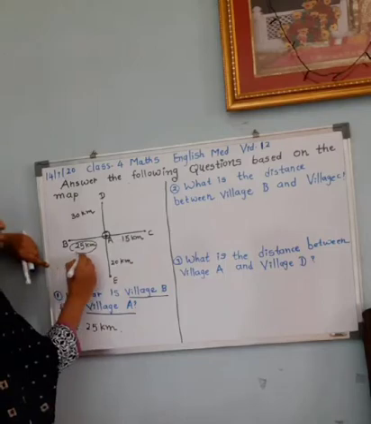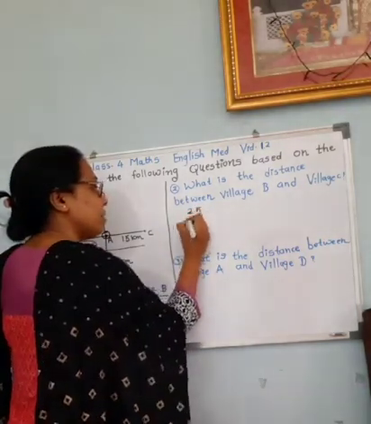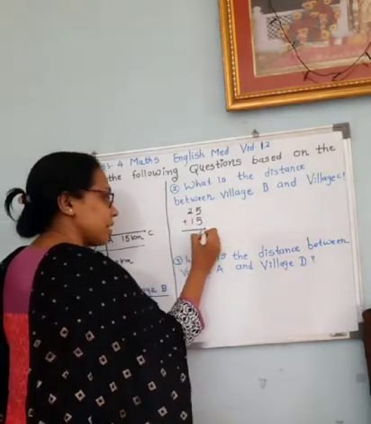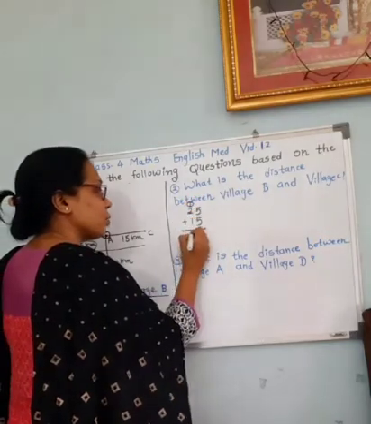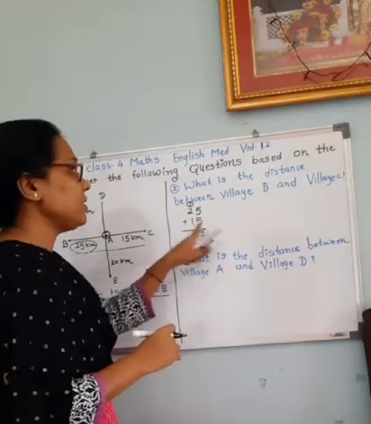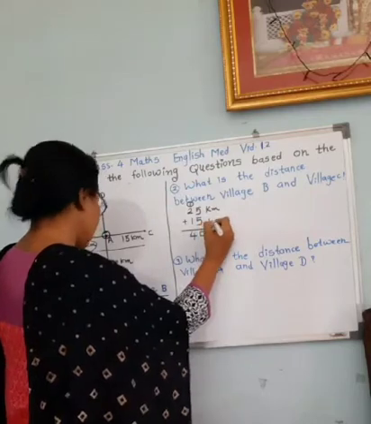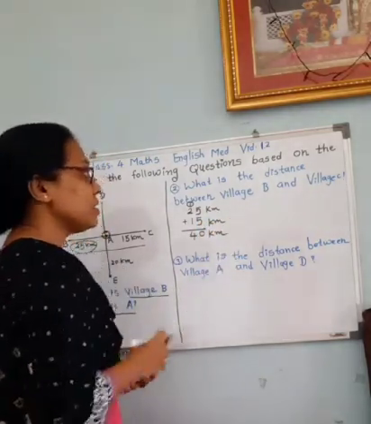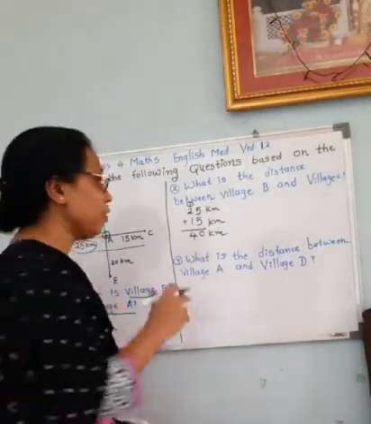Now add both the measurements, 25 plus 15. Now 5 plus 5, 10. Carry over 1. 2 plus 1, 3. 3 plus 1, 4. So the answer you can write is 40 kilometer. This is the kilometer. This is also the kilometer and this is also the kilometer. Means the distance between village B and village C is 40 kilometers.